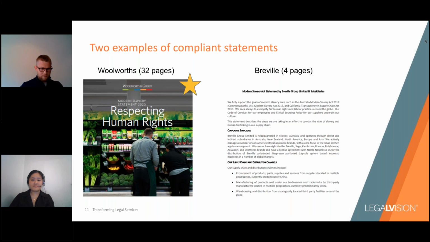So if we just click through, there we go. Each of these statements is totally compliant. And what you have from Woolworths on the left there is a very nicely prepared statement, with a lot of effort put into a heap of graphic design and 32 pages of it, detailing their statement and all the things they've done in relation to modern slavery and an assessment of the effectiveness of those measures.